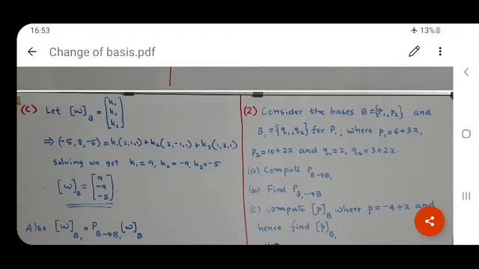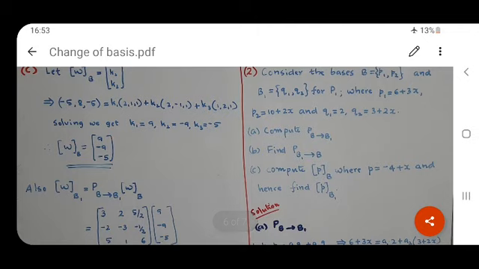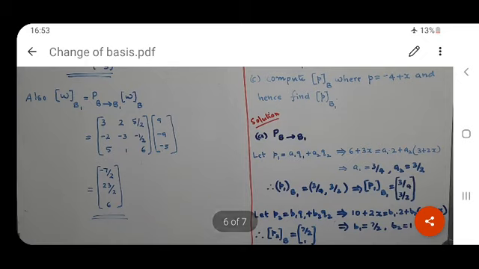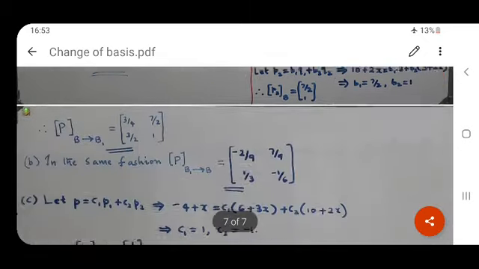So compute the transition matrix from B to B1, B1 to B, and also given a particular element, find its matrix relative to B, and using this find the matrix relative to B1. This can also be solved as in the previous problem.